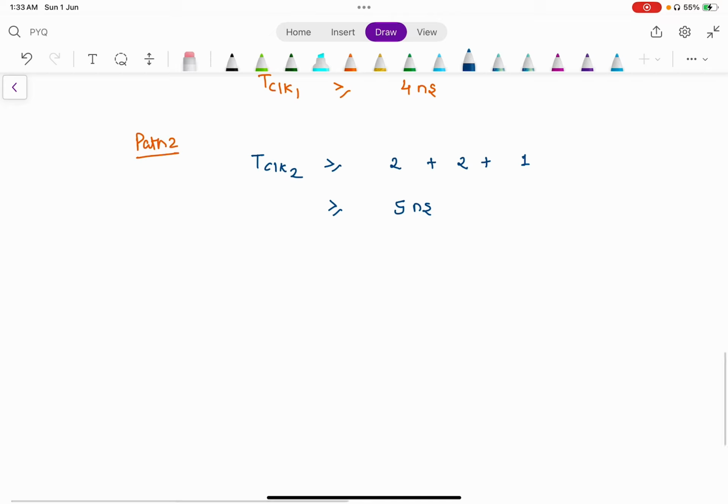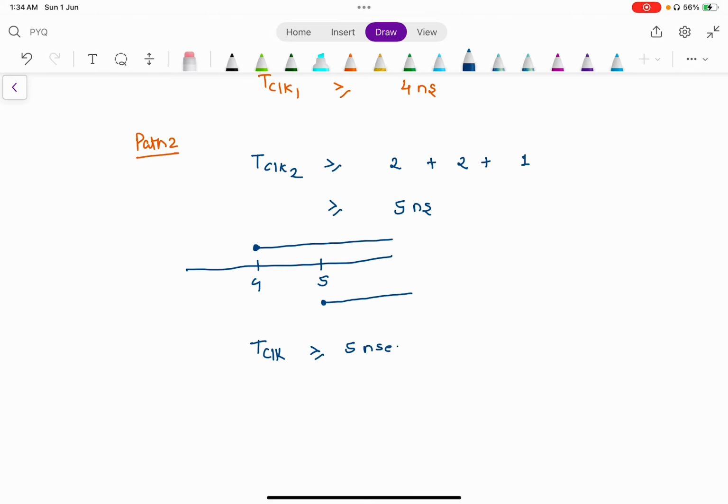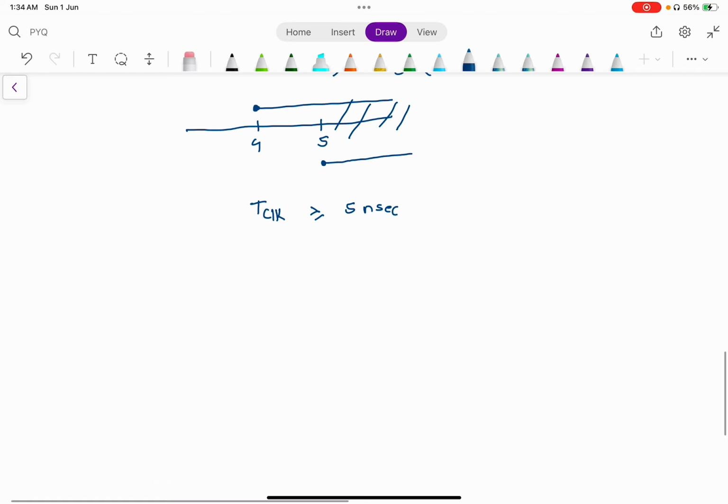Now you have to take the intersection of these two, because one T clock is saying that the time should be greater than 4 nanosecond and the other is saying the time should be greater than 5 nanosecond. So T clock comes out to be greater than 5 nanosecond for proper operation.